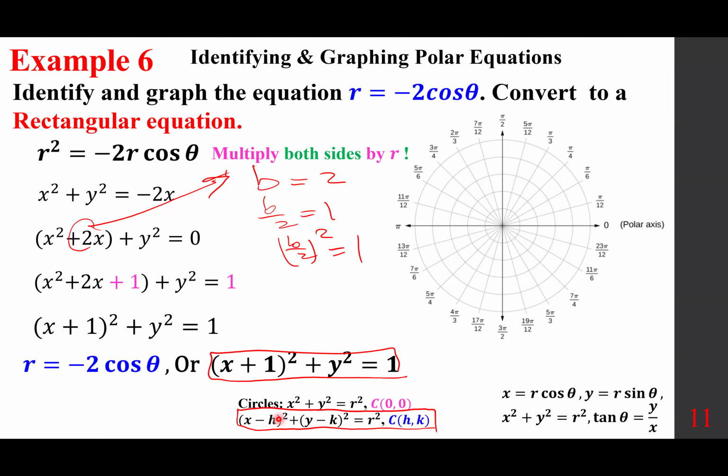As we compare, it becomes a circle centered at (negative 1, 0). Radius, square root of 1, happens to be 1.